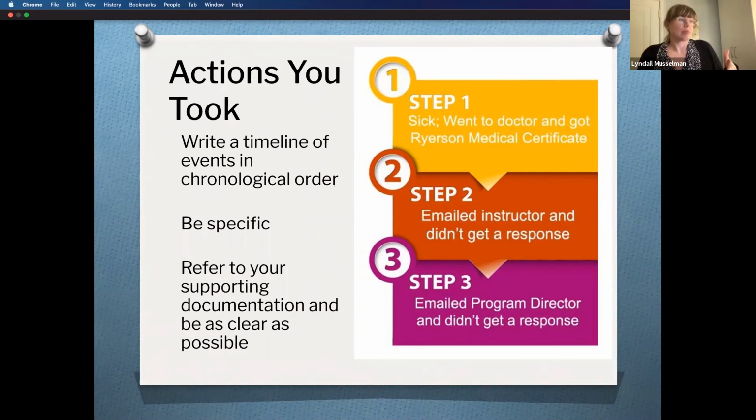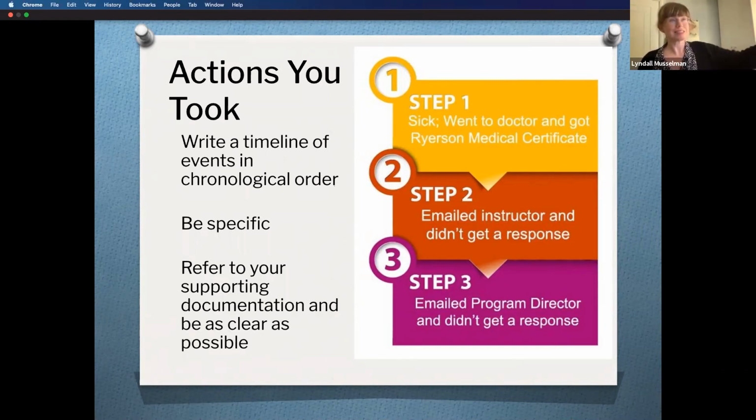You went and got your documentation, or, given that there's a pandemic, you may have last semester, there is a bit of an understanding that, for example, if you had COVID-19 or were dealing with symptoms related to COVID-19, such as cold symptoms and nausea, you may not have been expected to go get a doctor's note.